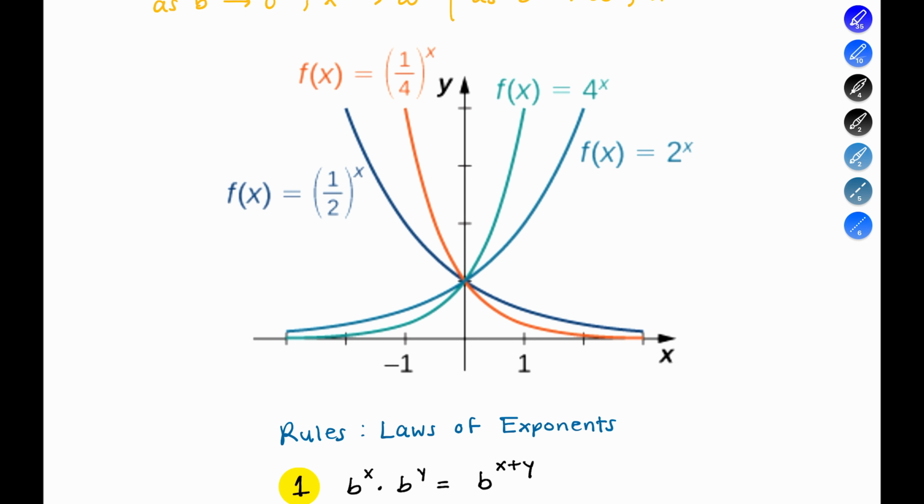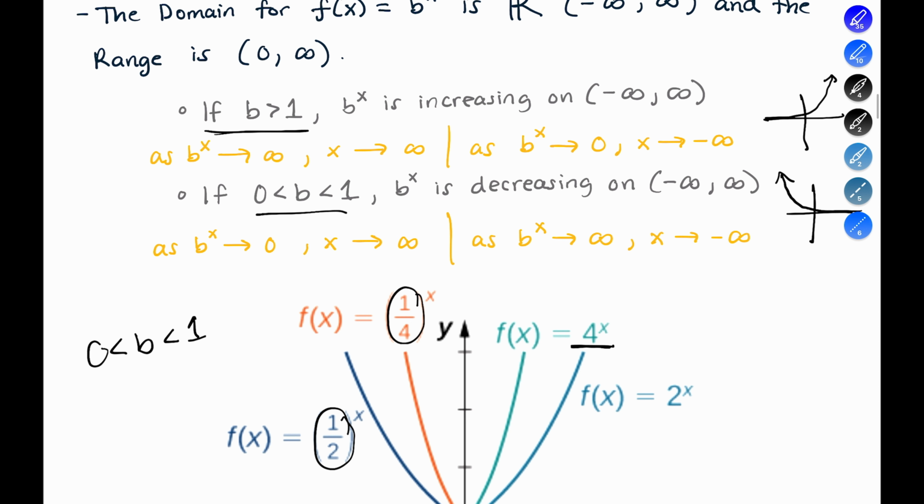So as we can see in this graph, this one right over here is 2 to the power of x. As we can see over here, this one is 4 to the power of x, and it's much steeper than the previous one. And then if we look at the other side, where we have b values which are in between 0 and 1, it has the same shape that I described over here.